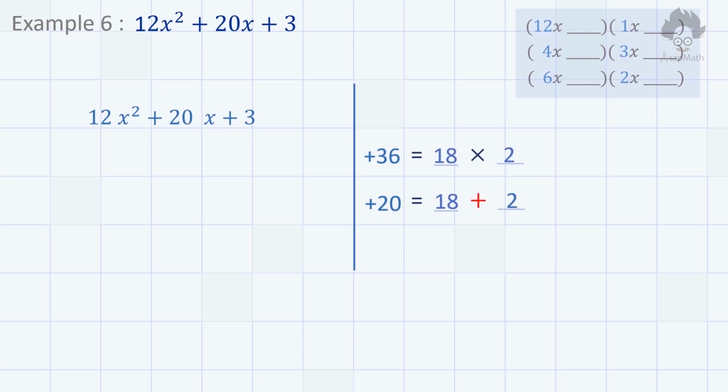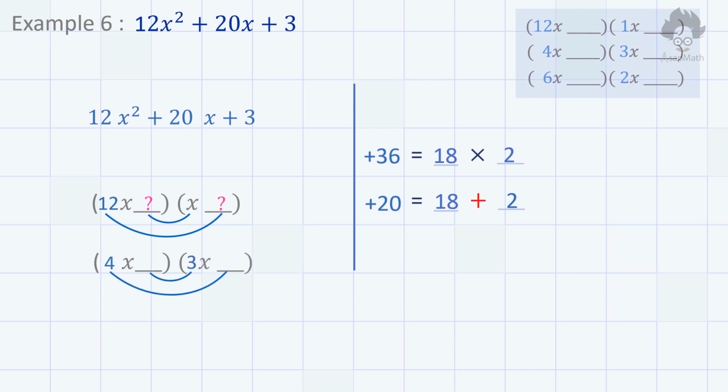Now we already know that we want to get 18 and 2 near the x terms. So, if we choose the first method, it is difficult to get 18 or 2. We must multiply 12 by a fraction to get 18 or 2. So, let's move to the second method.